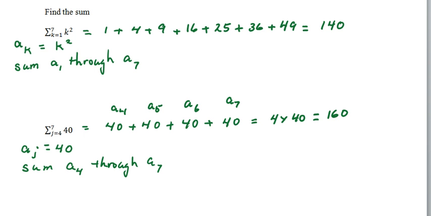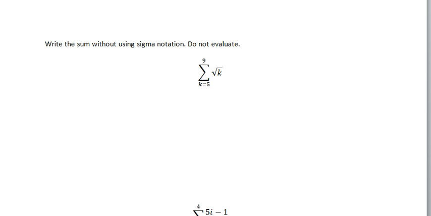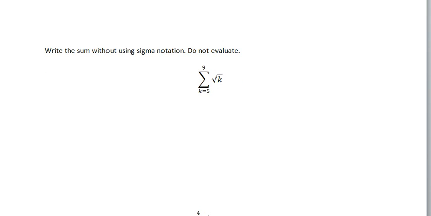In the next example, we are asked to write the sum without using sigma notation, but not to evaluate. So in this case, our sequence that is being summed is a sub k equals the square root of k.